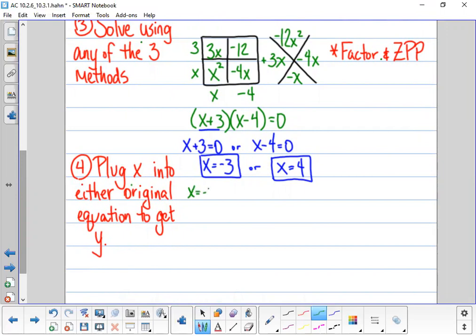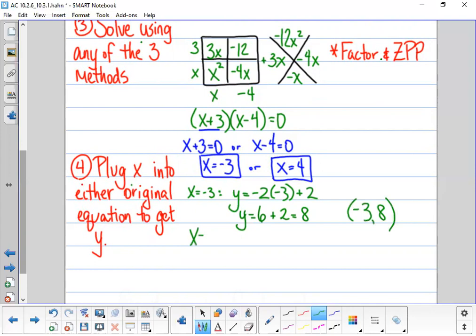So where x equals negative 3, I'm going to say y equals negative 2 times negative 3 plus 2, because my equation was negative 2x plus 2. Negative 2 times negative 3 is 6, plus 2 is 8. So the y that goes with negative 3 is 8. So my point would be negative 3 comma 8.